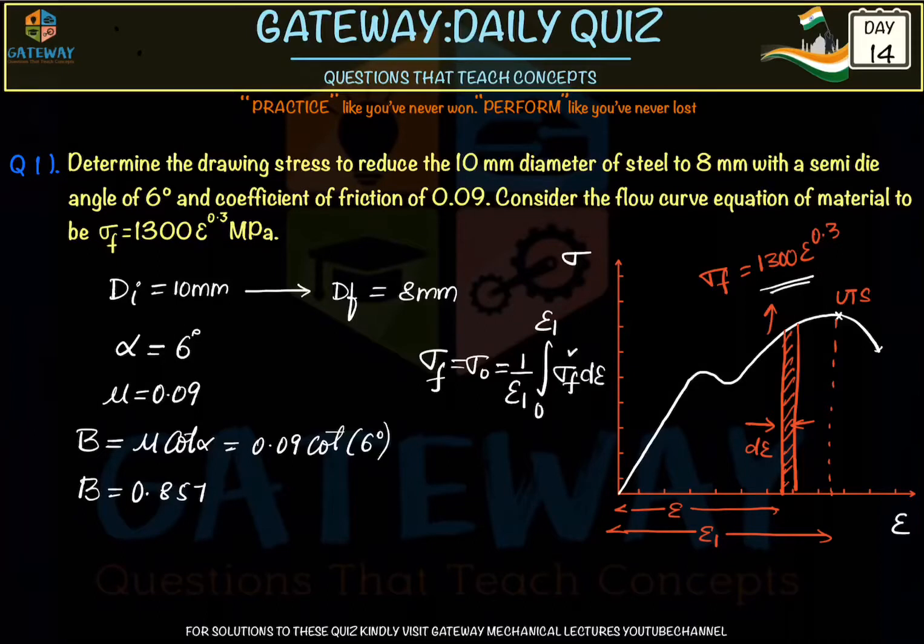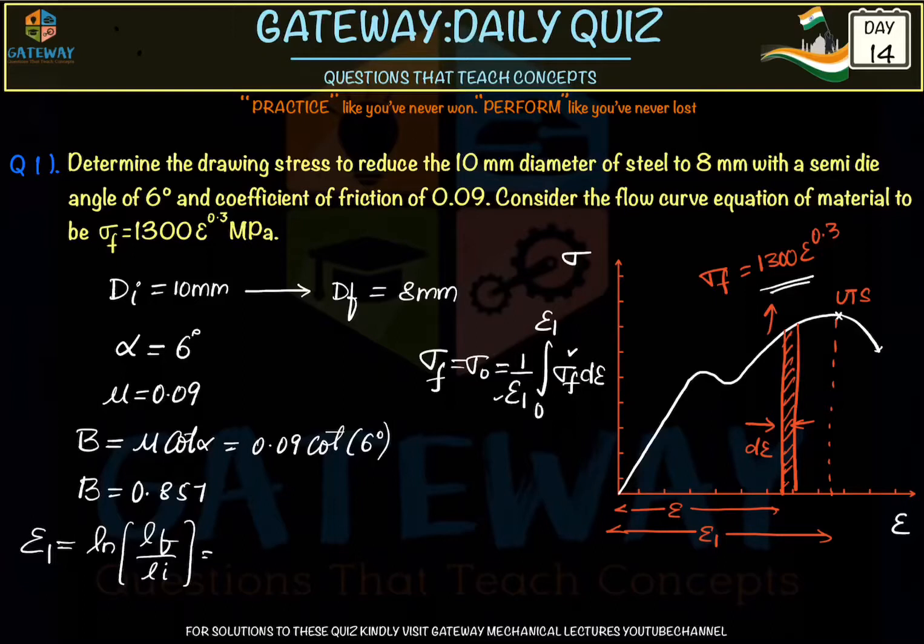Sigma f, the equation was given in the question. 1 by E1 we need to calculate here. So how will you calculate E1? E1 is nothing but the true strain, and we know the true strain is given as logarithm of L final upon L initial. We know the volume of material before deformation is equal to the volume after deformation. Therefore, area into initial length is equal to area into final length.